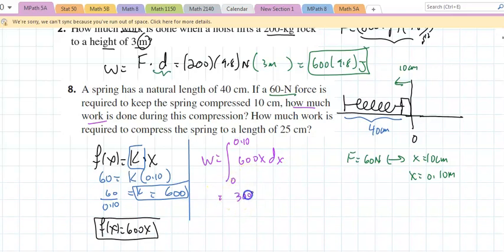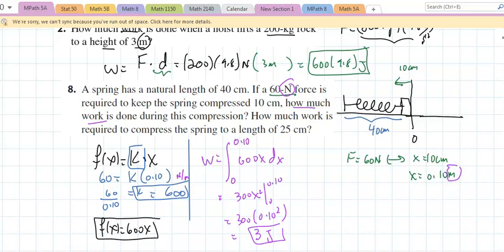That's 300x squared evaluated from 0 to 0.10. That is 300 times 0.10 squared. I worked this out already. That turns out to be 3. And the units are in joules since this was in newtons and we converted that to meters. We're in very good shape.